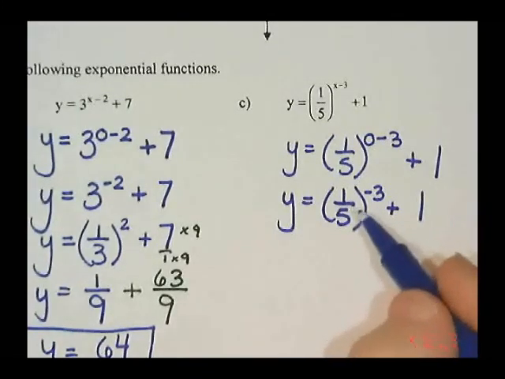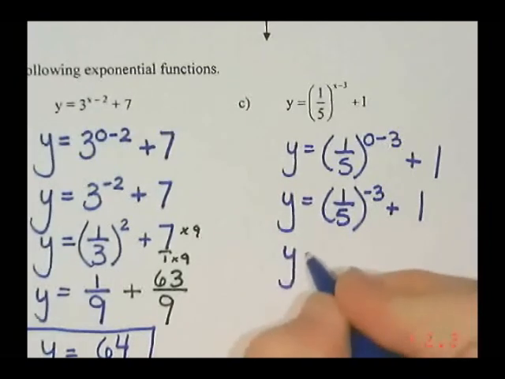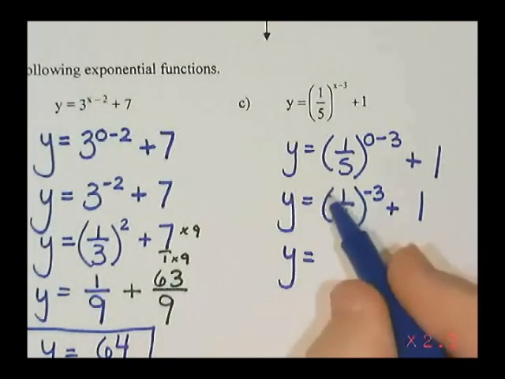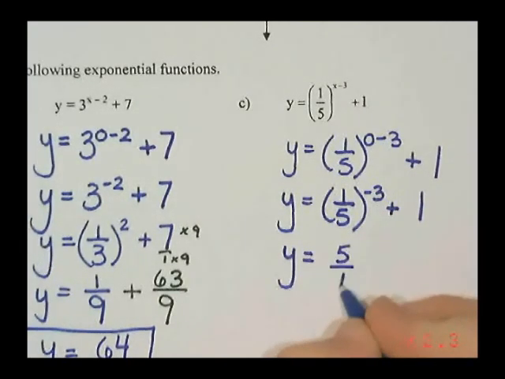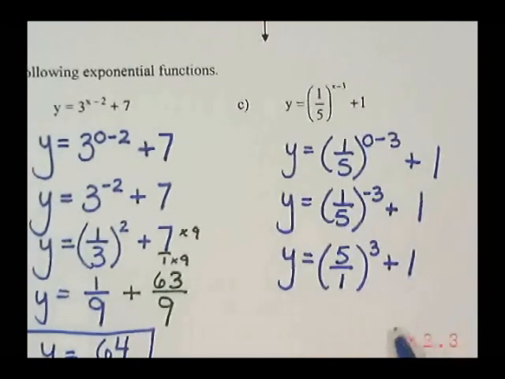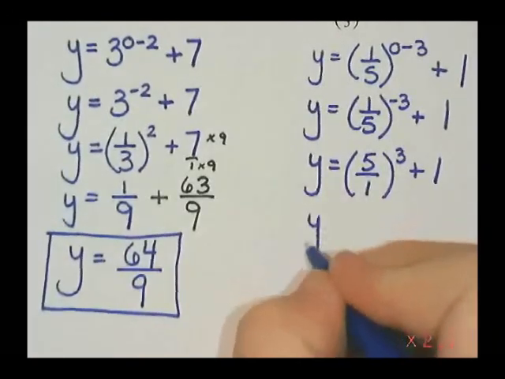Now, a negative exponent makes a fraction. This is already a fraction. So a negative exponent has a flipping over action. So it's going to take that 1 over 5, and flip it to make it a 5 over 1 to the power of positive 3. Now, 5 to the power of 3 is 125.